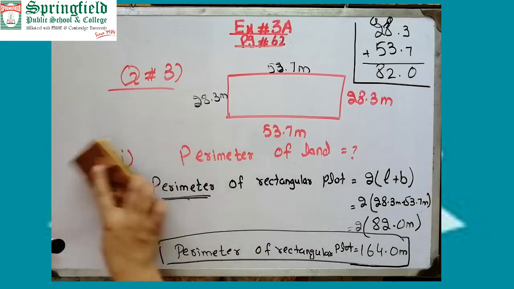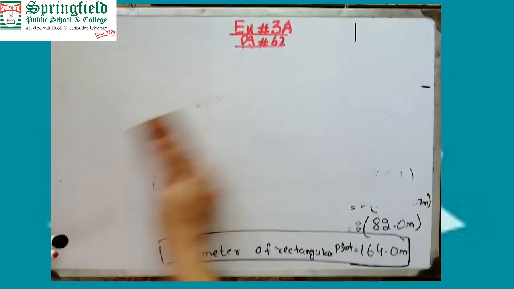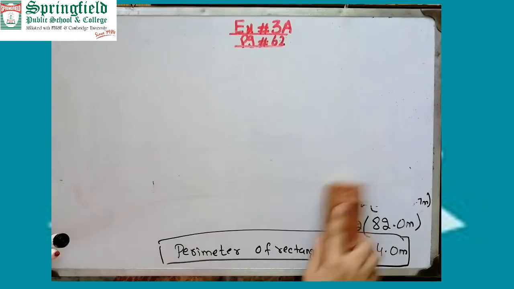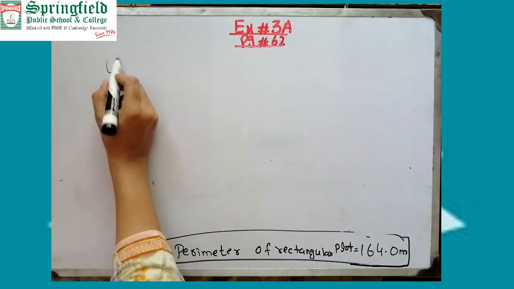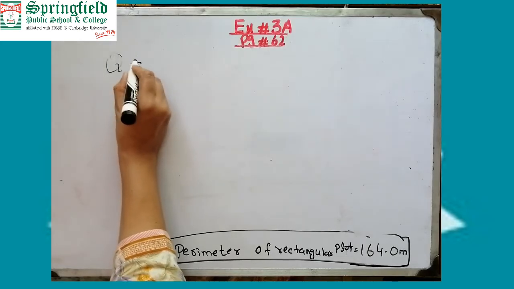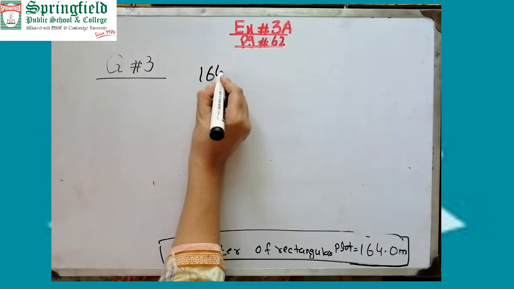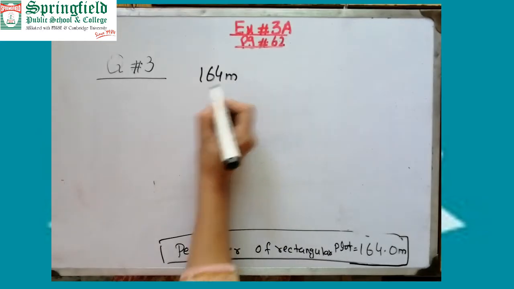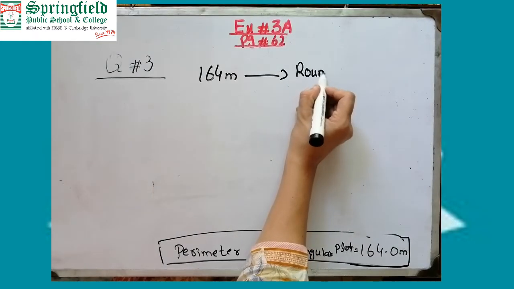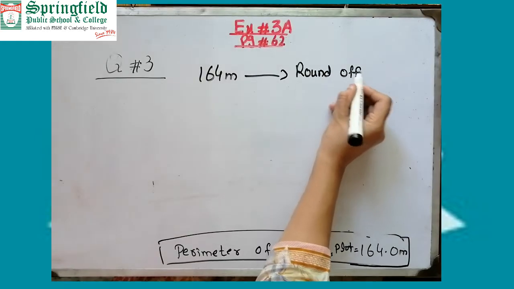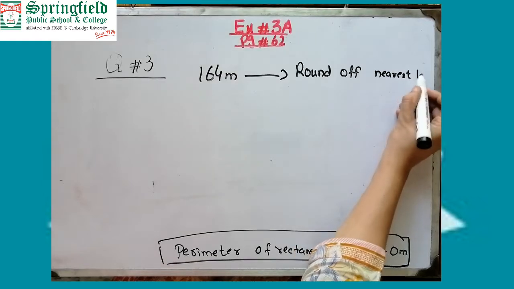Okay. Now round off, as we are doing question number 3. So 164 is a number, and they are saying that round off to the nearest 10 meter.